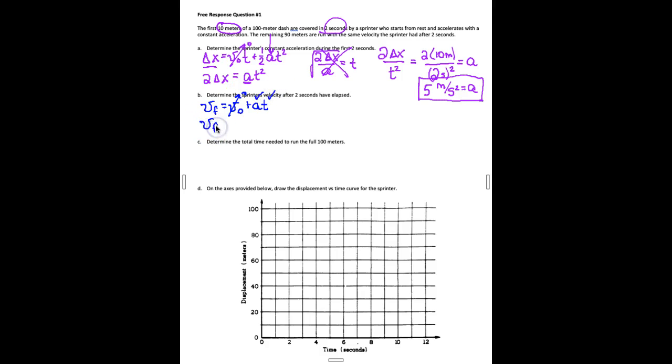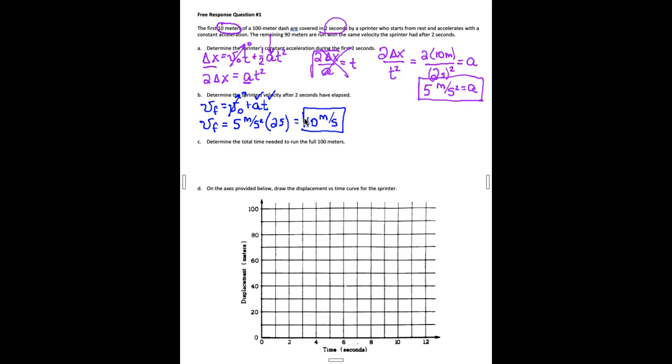So v f is going to be the acceleration, 5 meters per second squared, times the time of 2 seconds. After 2 seconds, the sprinter reaches a speed of 10 meters per second. That's my velocity after the 2-second interval, so that's the answer to part B.